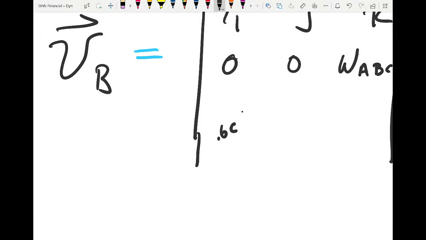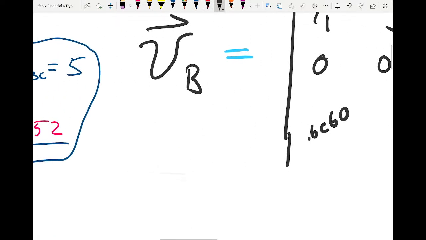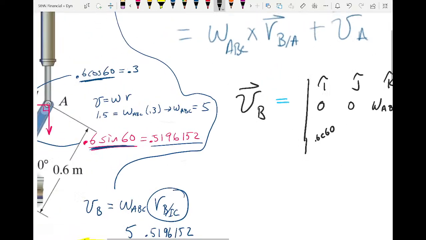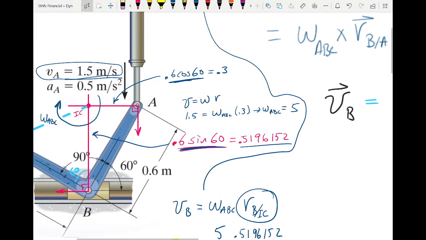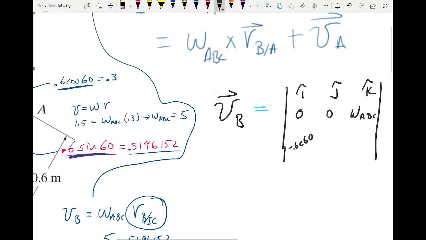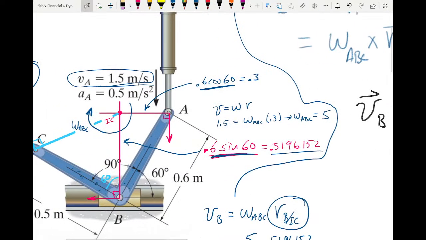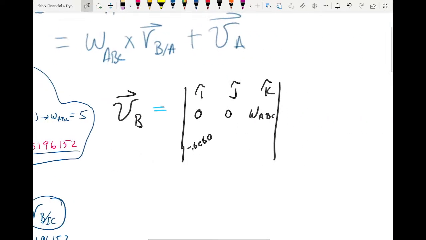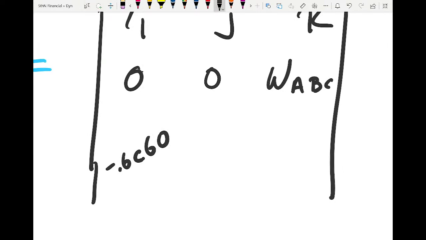0.6 cosine of 60. My C is a, so I don't have to write the COS. It is going to the left. And then I'm going to have it going down a distance of, and then nothing.